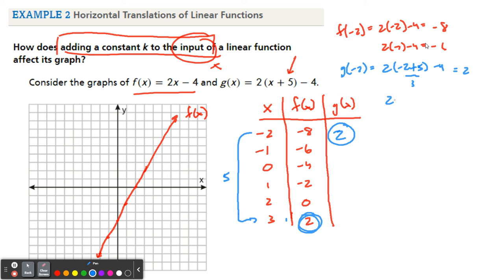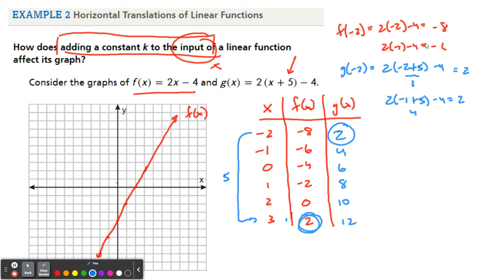Now, what if I plug in -1? Again, I'm going to add 5 to it right away. So now it's like we're plugging in 4 into g of x: 2 times 4 minus 4 is 4. We plug in 0 and I'll get 6, then 8, 10, 12. There's the pattern.